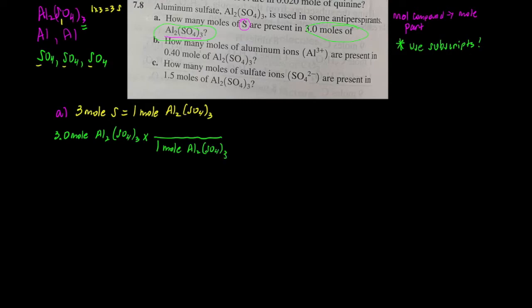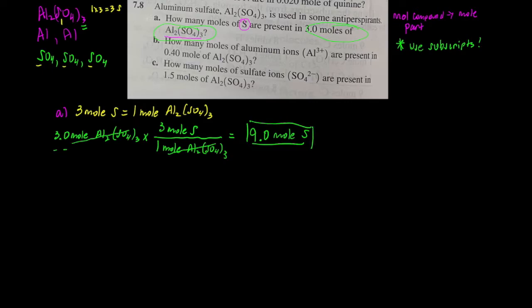Now, that cancels, okay? So that's the purpose of doing that. Now, on the other side of the fraction, we're going to have 3 moles of sulfur. And so on our calculator, it's 3 times 3, or just 9. But this has 2 sig figs, so we want to write 9.0. And let's write the units here very carefully. Moles of what? Moles of sulfur, okay?